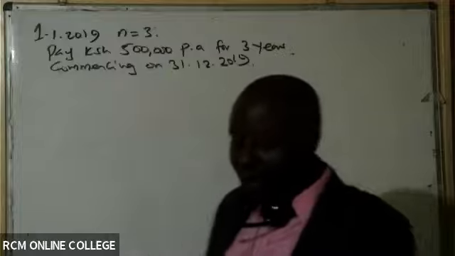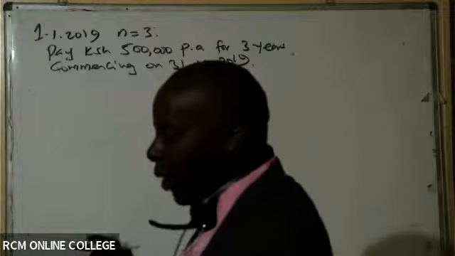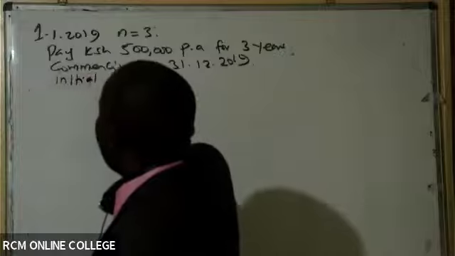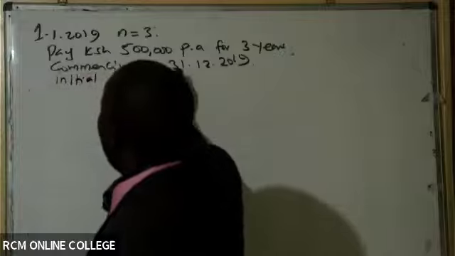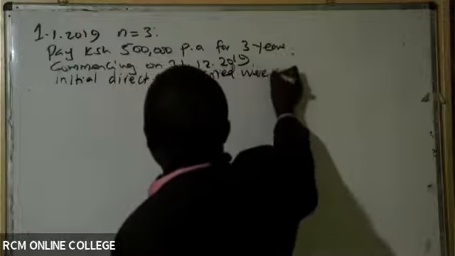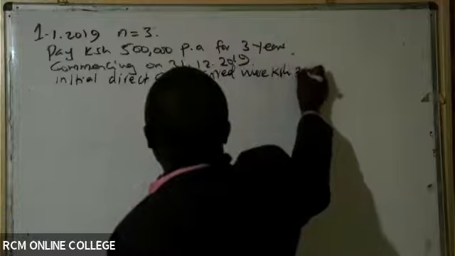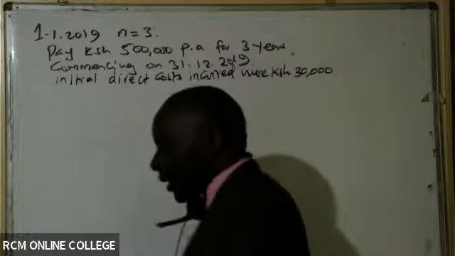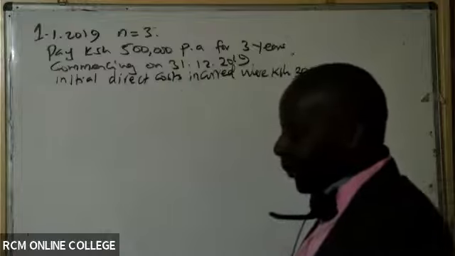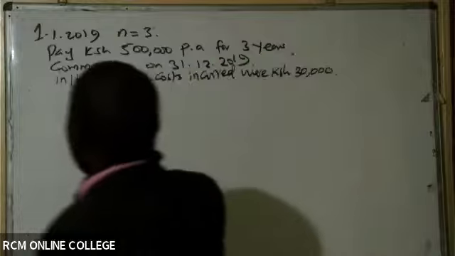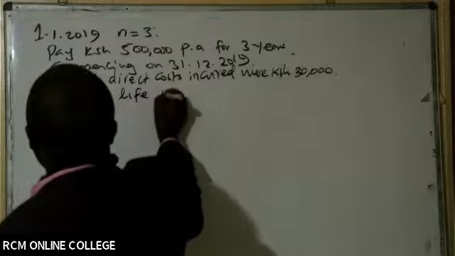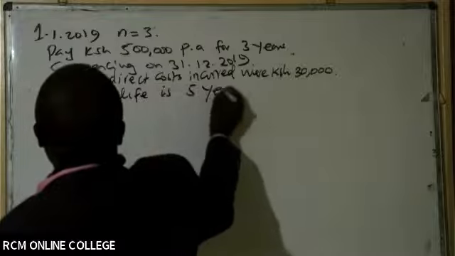We are told that the initial direct costs incurred were Kenya shillings 30,000. We are also told that the useful life is 5 years.